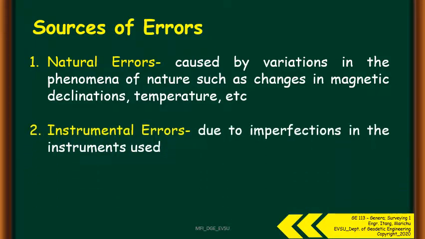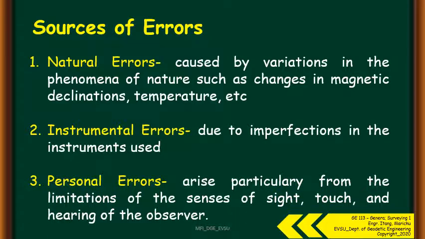We have also the instrumental errors. This is due to imperfection in the instrument used. For example, hindi siya calibrated or during manufacturing ng instrument, meron na siyang error. So if you're going to use that instrument, possibly our measurement will also lead to an error.